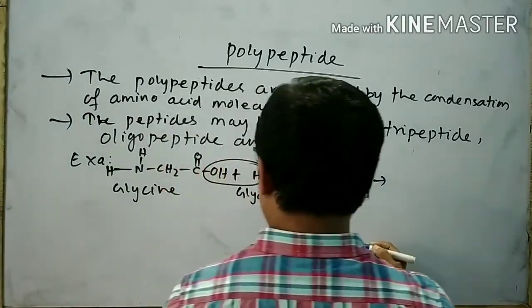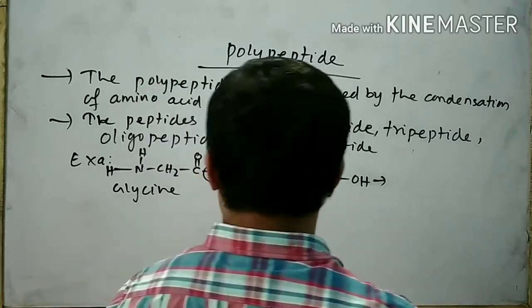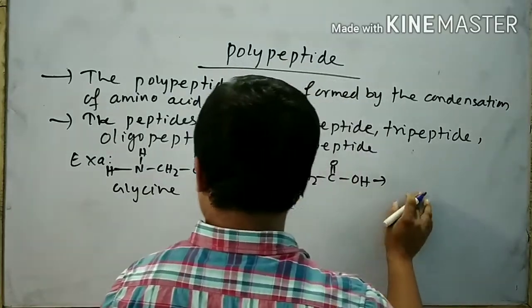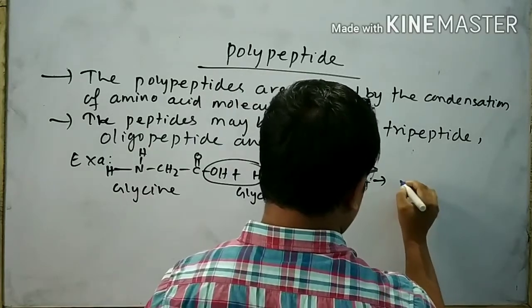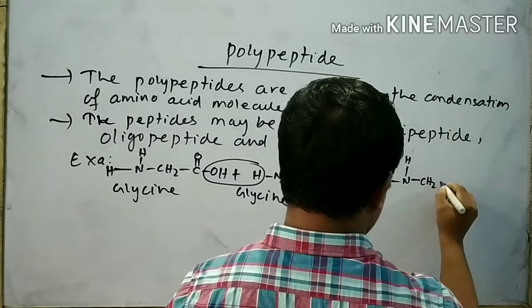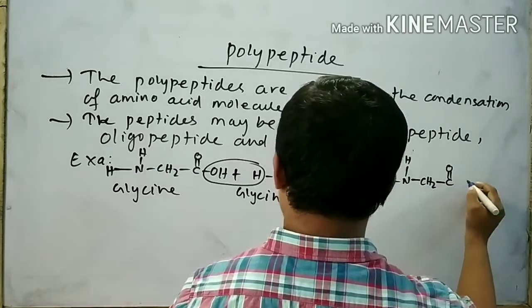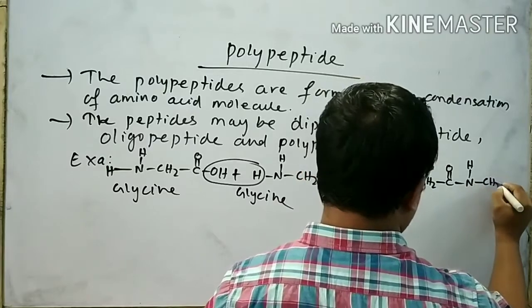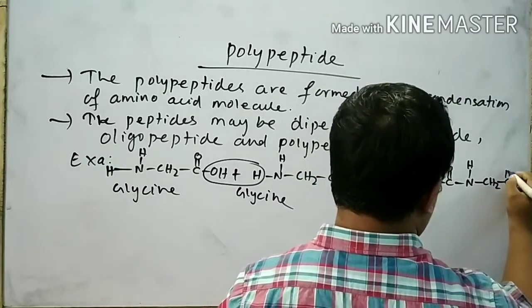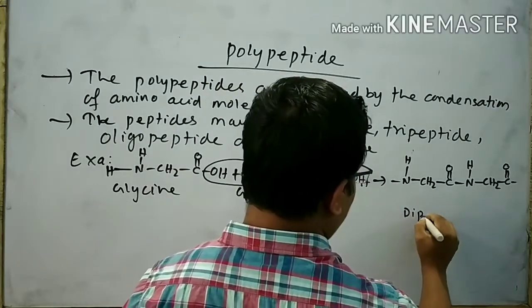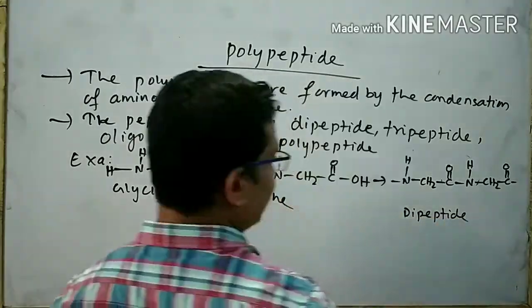and the polypeptide which is formed is represented like this. This is said to be a dipeptide.